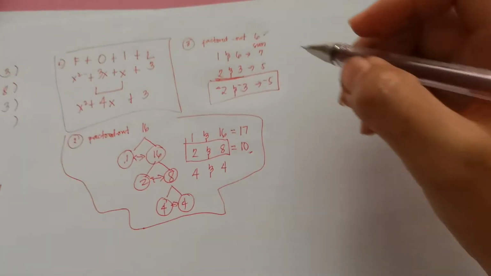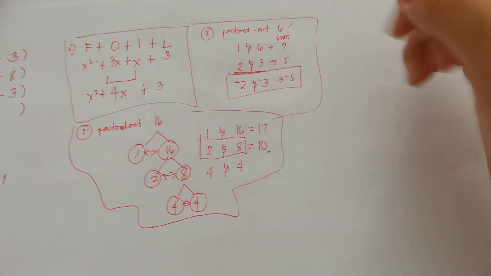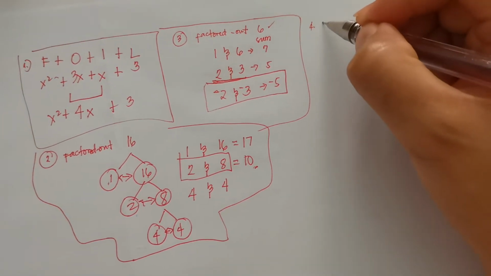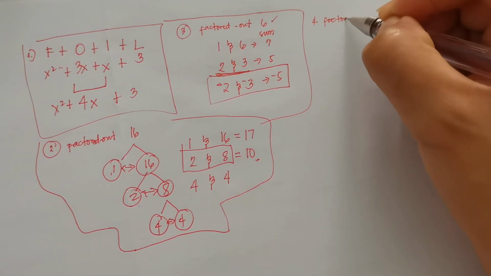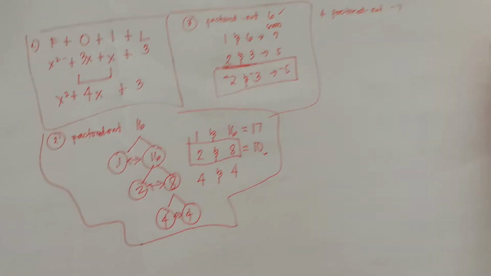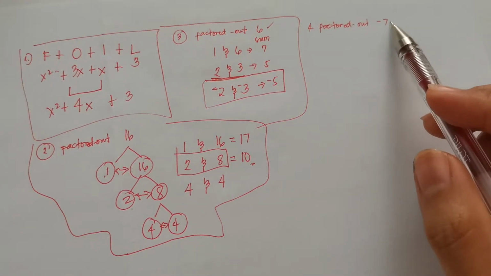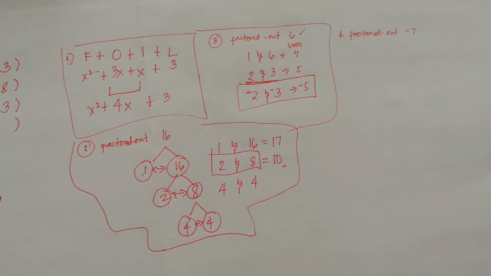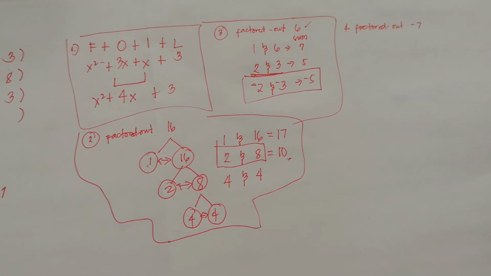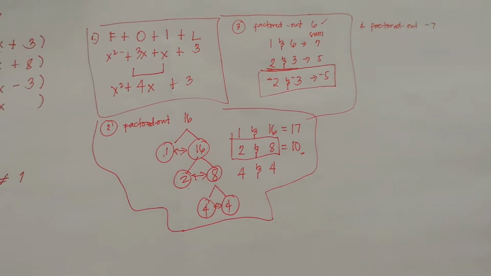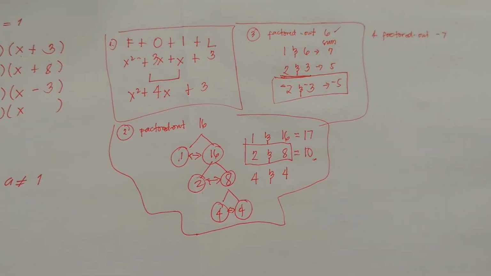Take note, for number 4, we need to factor out negative 7. So, paano kita makakuha sang product na negative? The product na negative came from the factors with different signs.